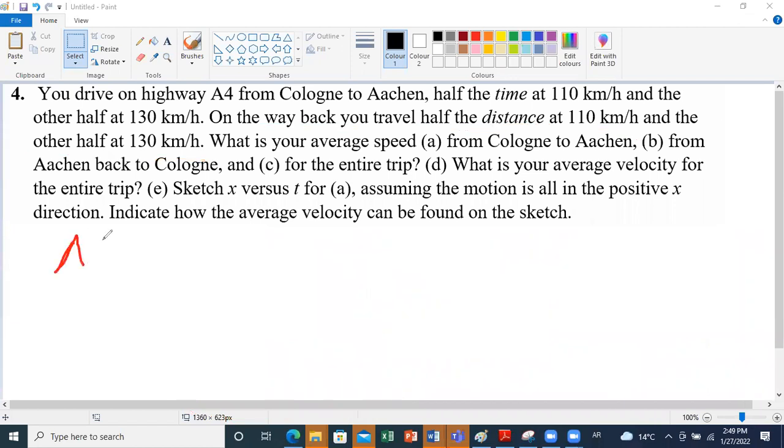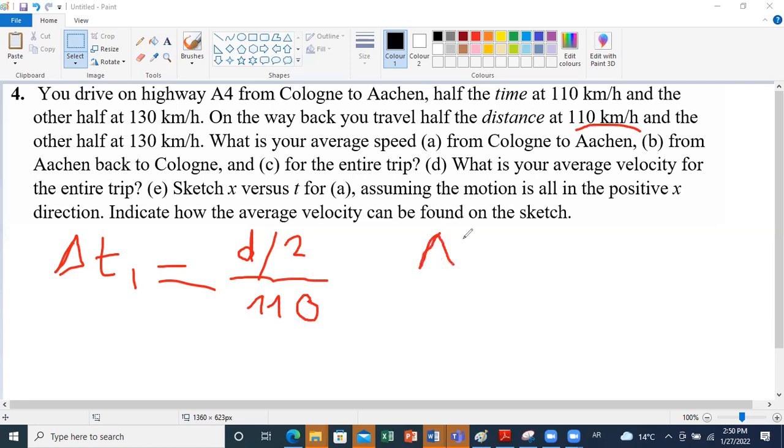Delta t1 is the distance traveled in phase 1, which is d over 2, over the average velocity for this phase. They said that for the first half of distance, the velocity is 110, so it's over 110. While for delta t2, I'm traveling the same distance, but now at another velocity. So delta t2 is d over 2 over 130.